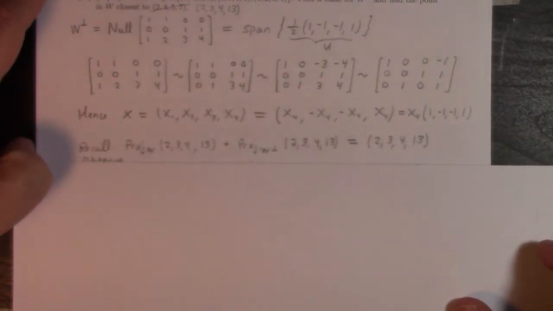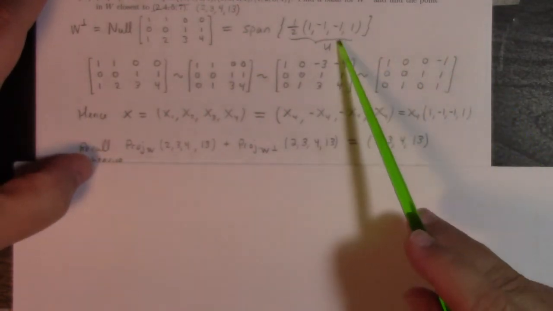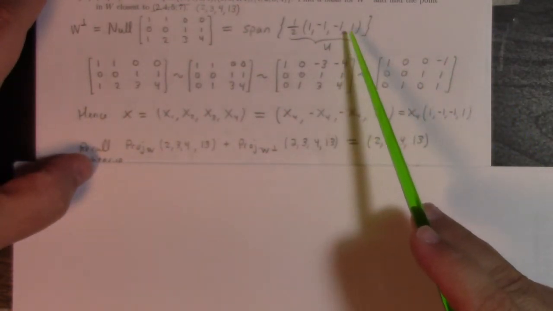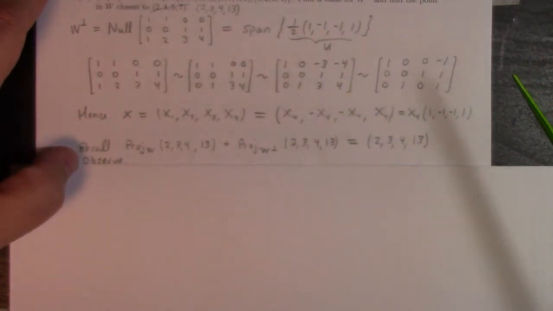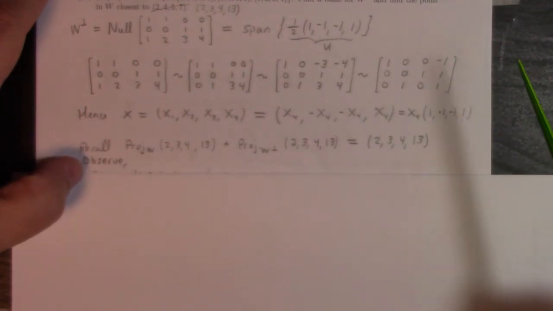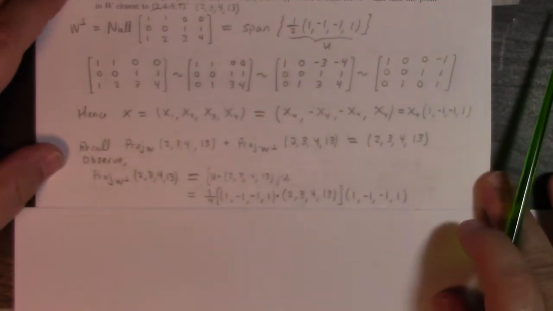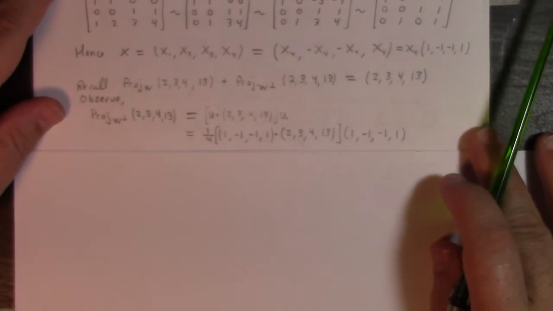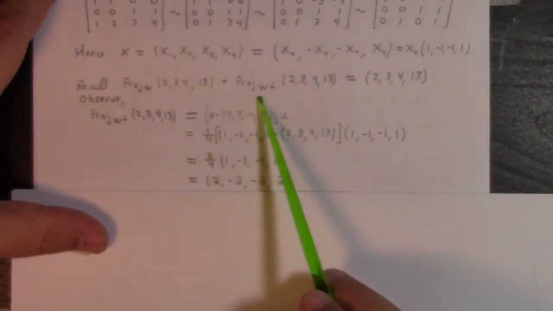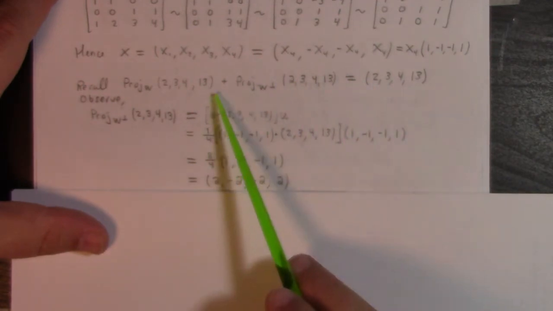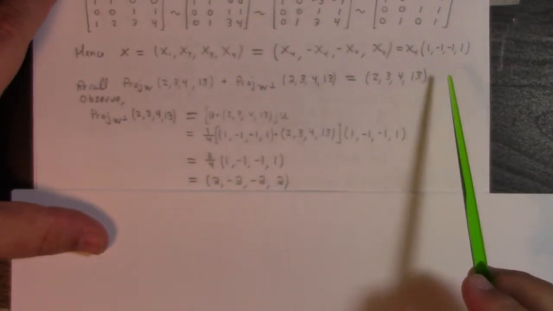All right. And so the basis for W perp is 1/2 of (1, -1, -1, 1). The 1/2 is to make it a unit vector, because then I can calculate the projection onto W perp pretty easily. Well, we know that the sum of the projection onto W and the projection onto W perp is the identity operator by the theory of orthogonal complements.